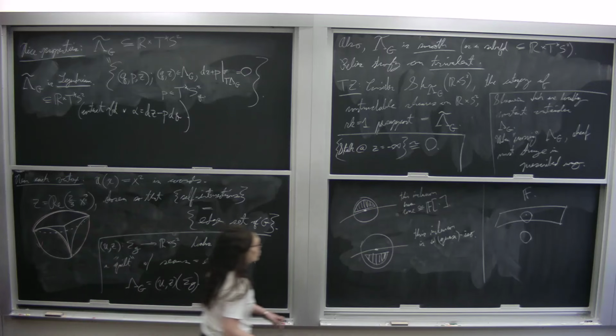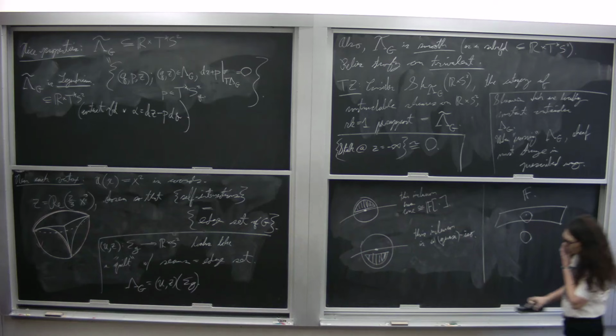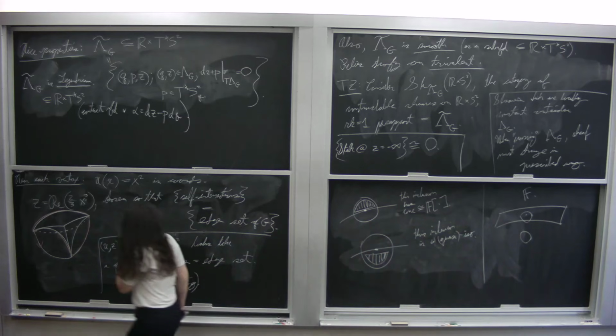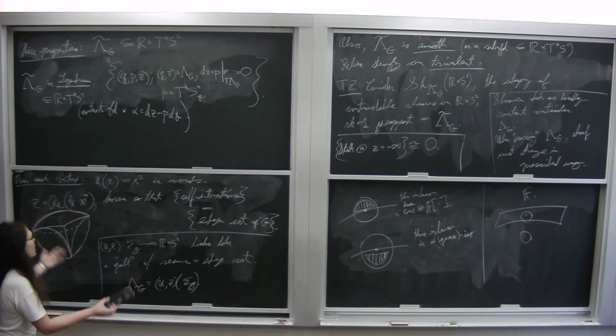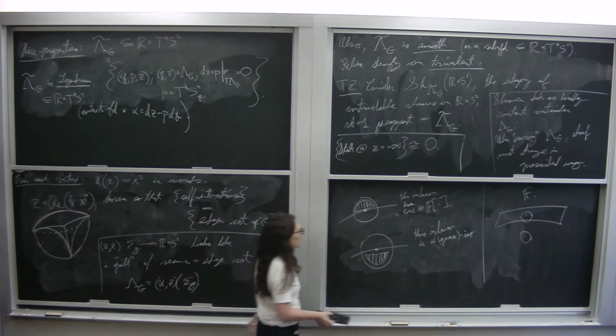Okay, so maybe I'll pause there and see if there are any questions about this. I kind of ran through the sheaf theory, but okay. So this is pretty elementary, I would say.